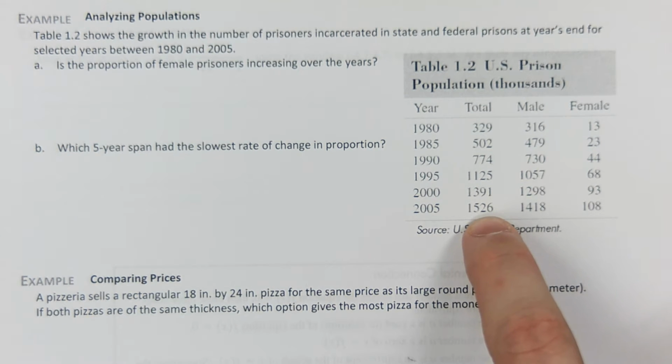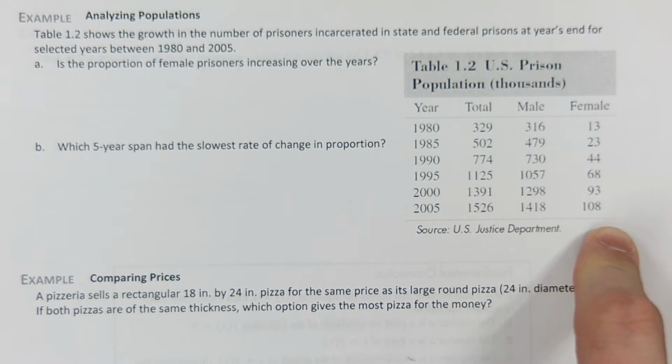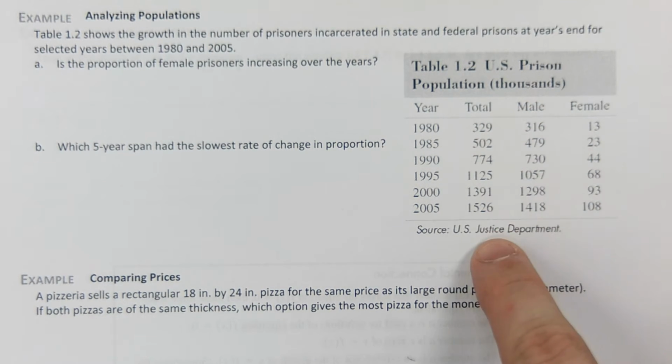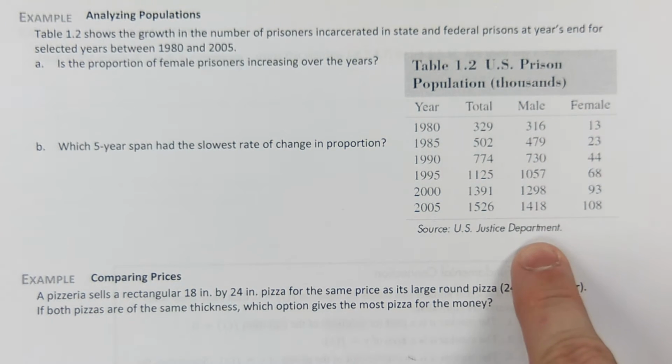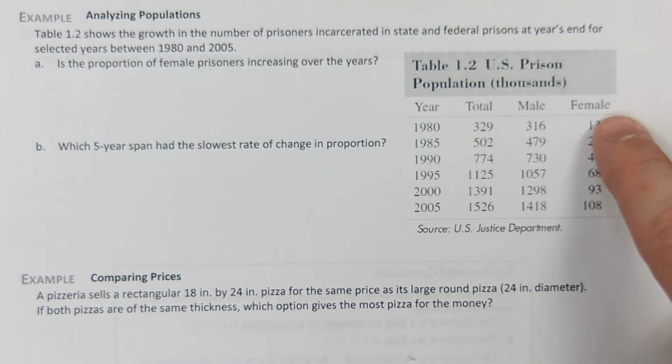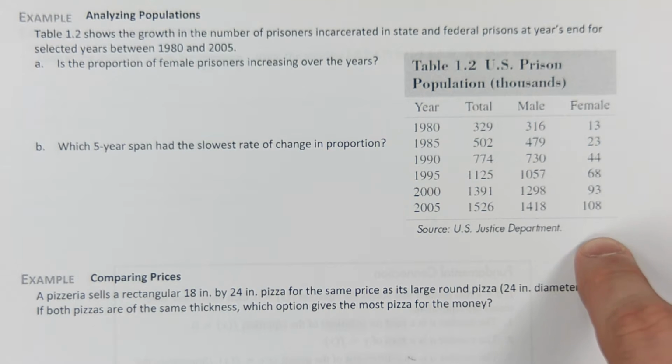The data is then broken down into male and female, again times 1,000. I'm hoping everybody can see just by looking that the total number of prisoners goes up every year. The total number of male prisoners goes up every year. The total number of female prisoners goes up every year. That's what we can just see.